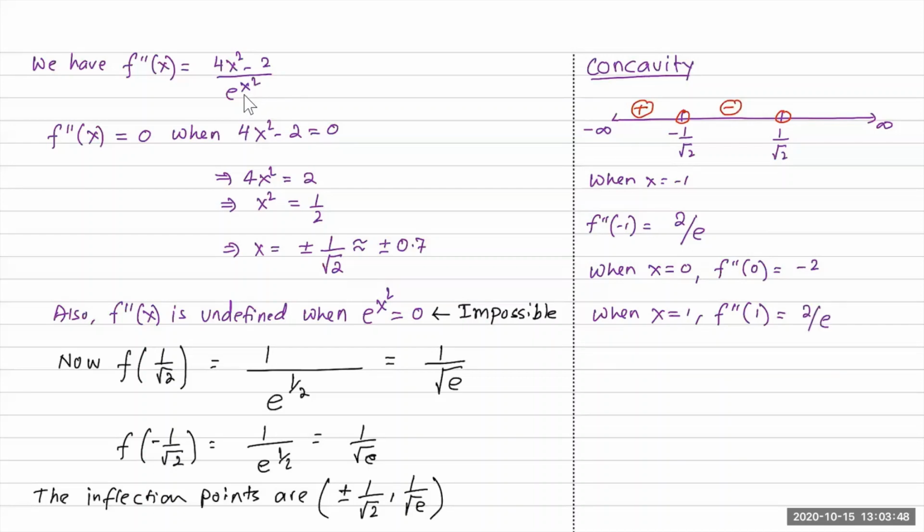Both are positive, so positive divided by positive is positive. So in that interval, the second derivative is positive, meaning the graph of the function is concave up. So we can write our conclusion.